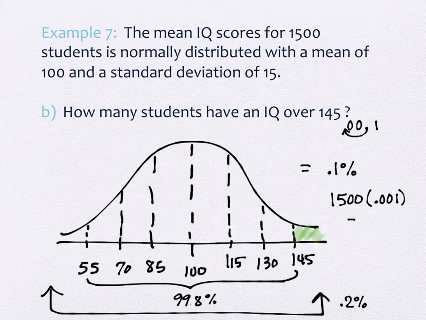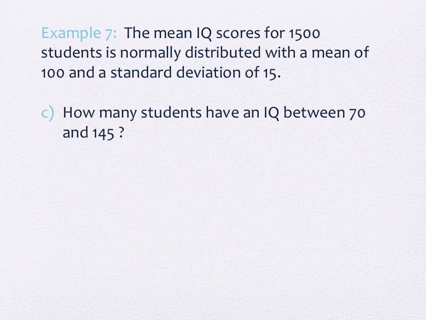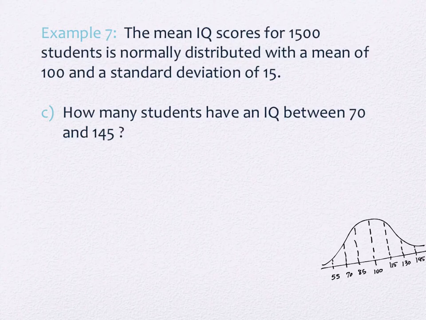What does this give you? Yes, so 1.5, which would mean we have 2 students. A 145 IQ is very high. Okay, very, very high. 2 students. All right, I think this is the last one of these.